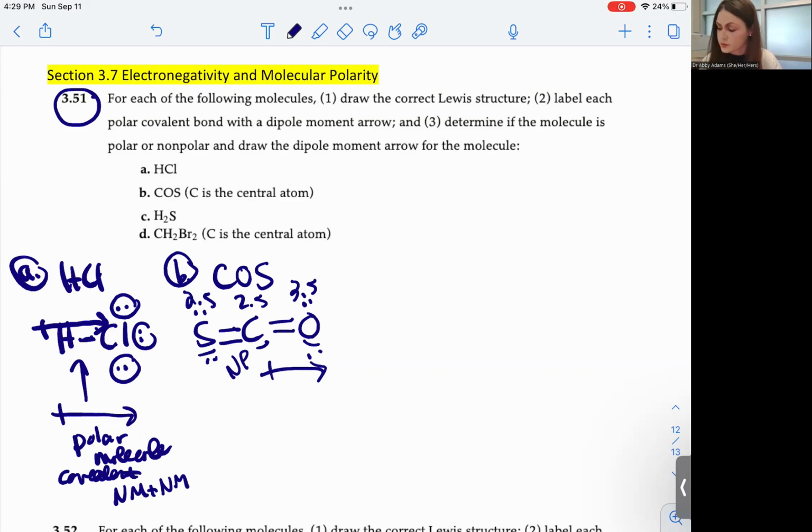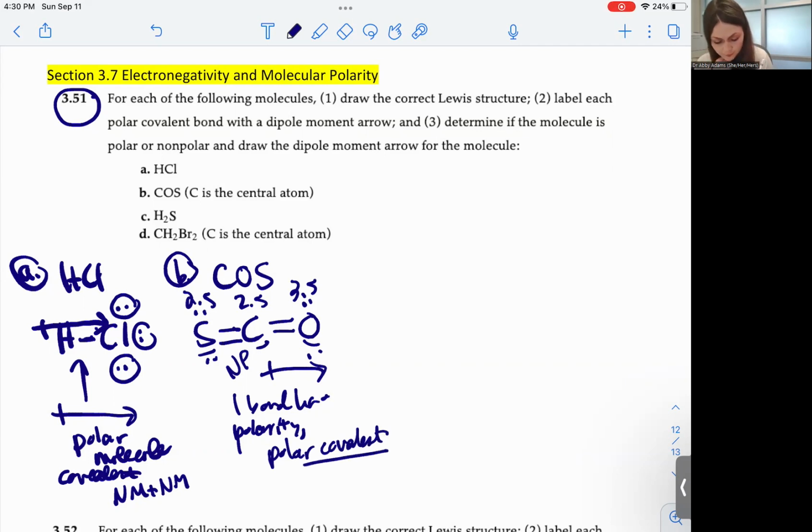So one bond has polarity, but the other one doesn't. But still, it's going to be polar covalent overall. And you have a nonmetal and a nonmetal. All right. And I'm going to do C, and you can do D on your own.